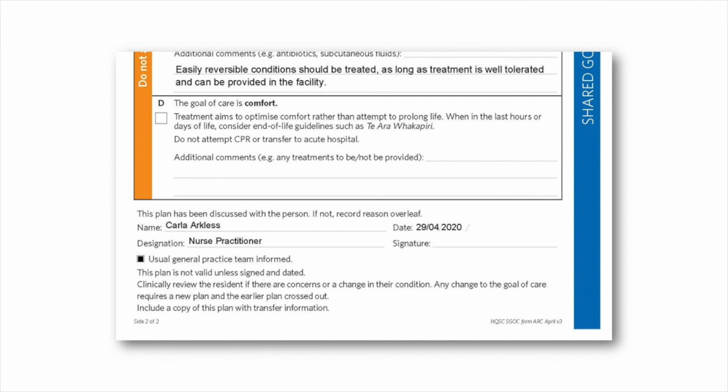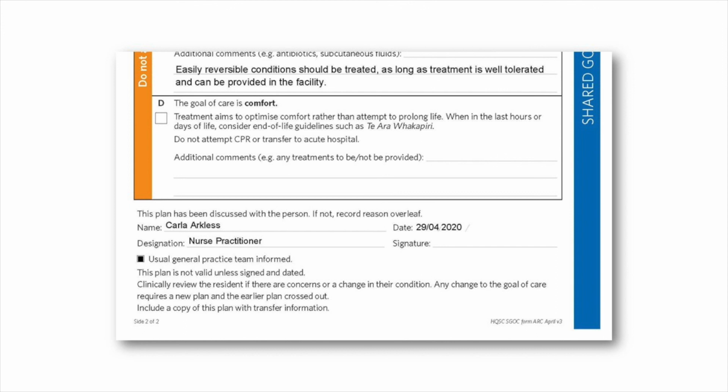It also provides direction for the nursing staff at a time when the enduring power of attorney may not be available. The document needs to go with the resident if they're transferred to hospital or to another facility, because it provides valuable information about what matters most to the resident.